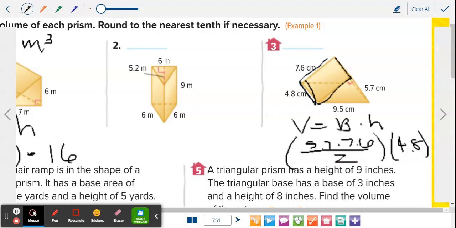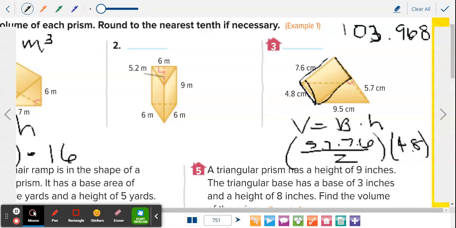And round to the nearest tenth, because you're going to need to. See if you guys can round to the nearest tenth. See if you can get this figured out. So you should have gotten 103.968. So we have to round to the nearest tenth here.